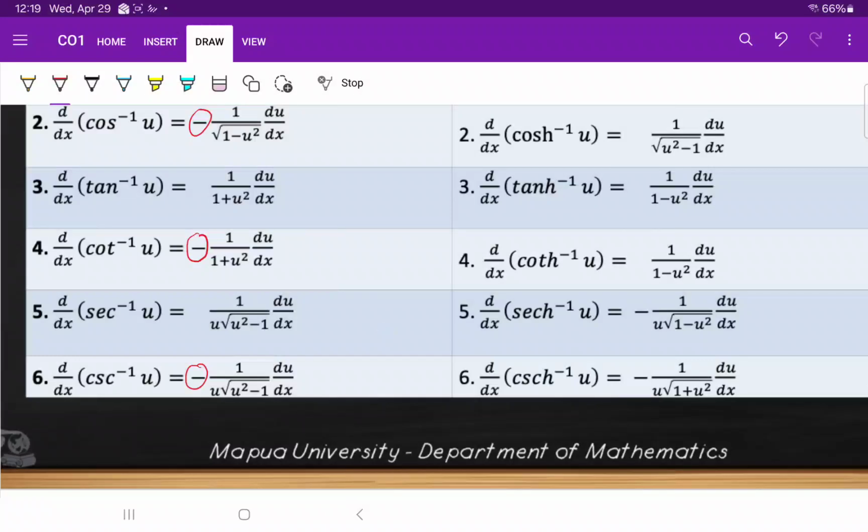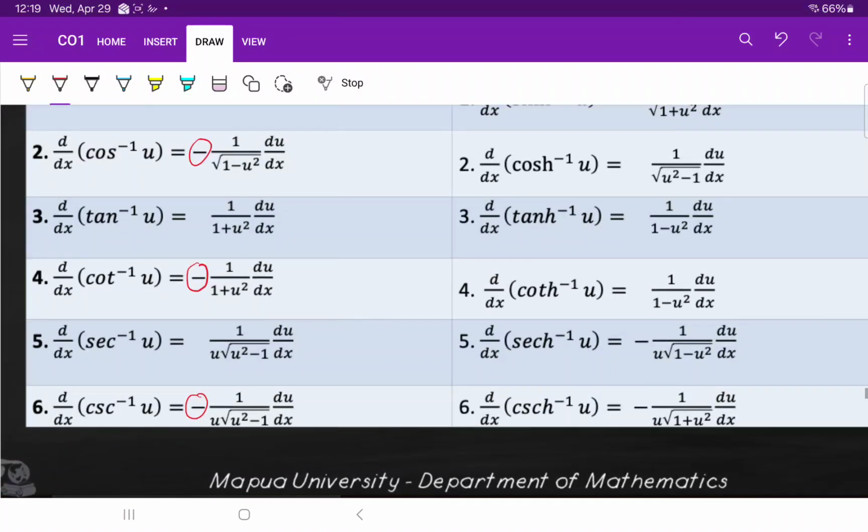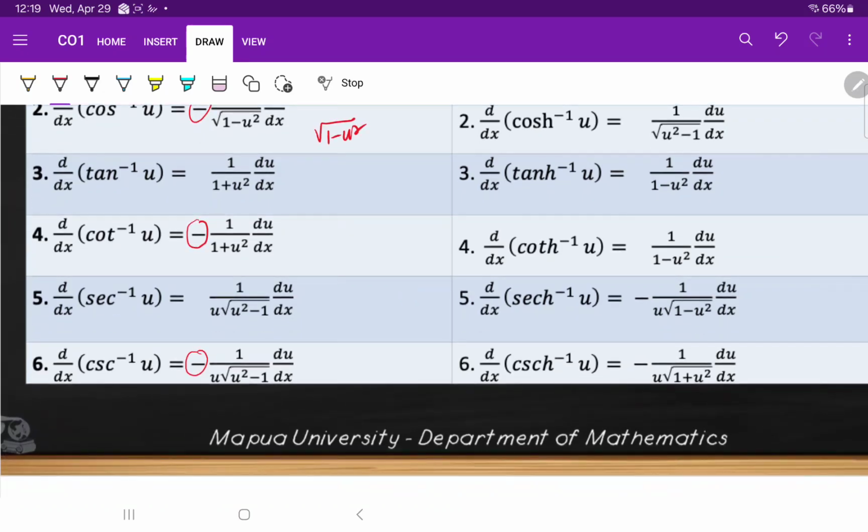To make it easier also, take note that for arc sine and arc cosine, you have in the denominator the square root of 1 minus u squared. But for arc secant and arc cosecant, it's u squared first, minus 1. So if you have u here, you should have u outside.